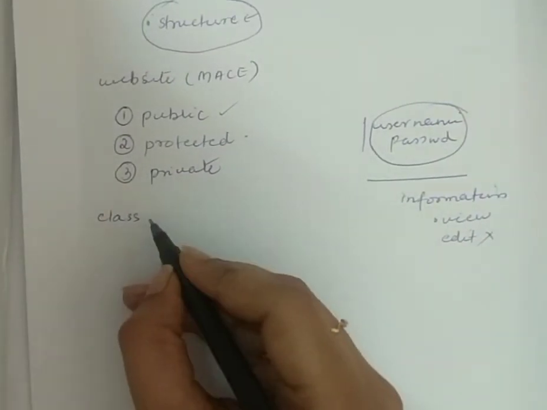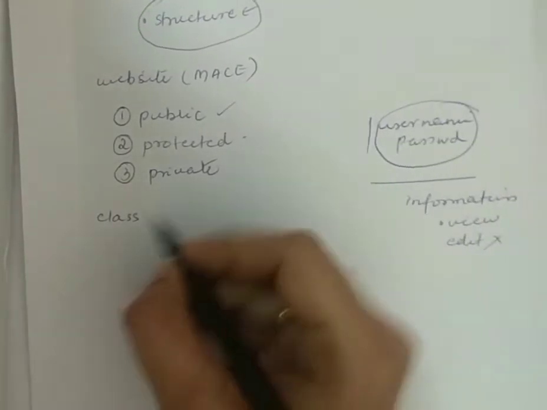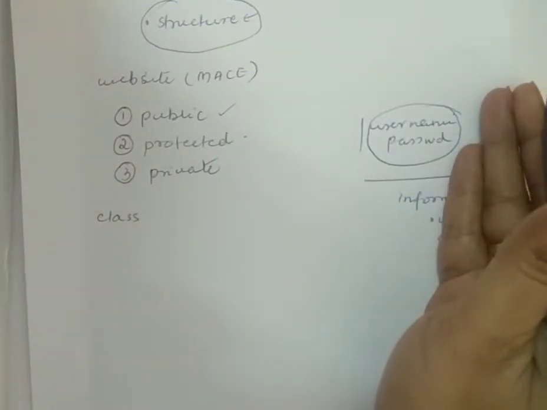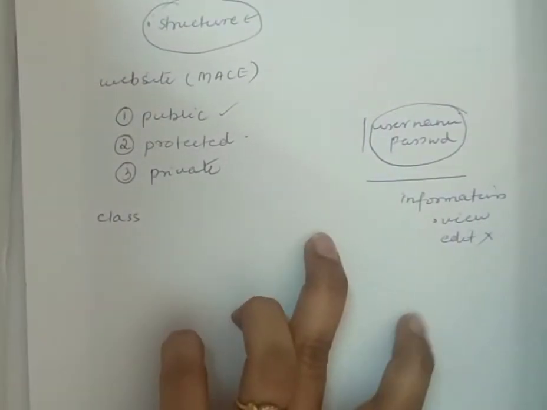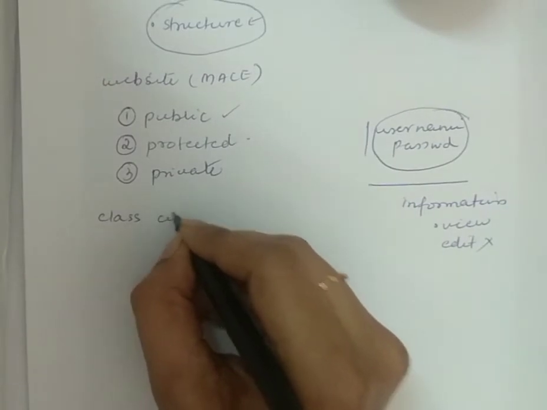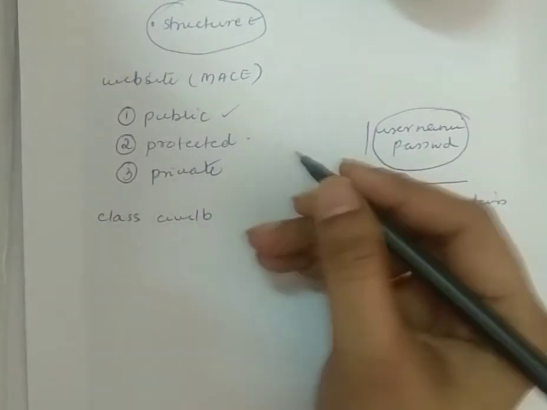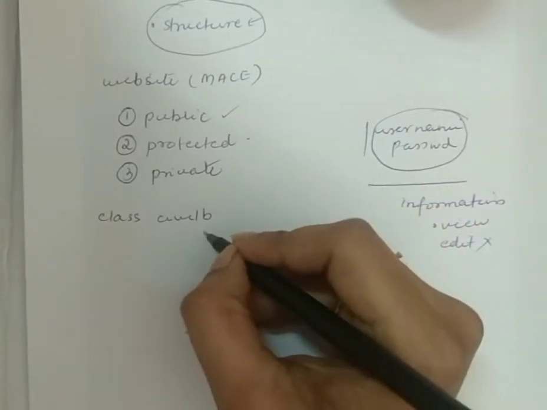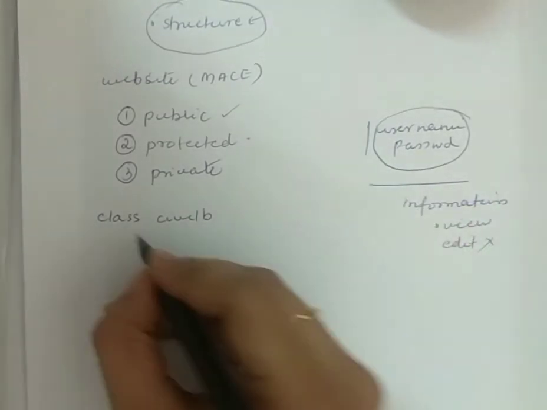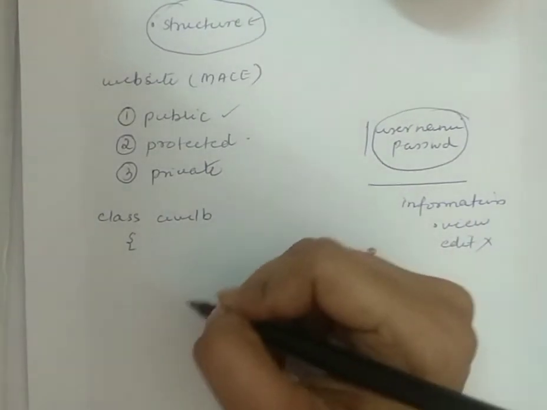First you have to write class, then the class name. Maybe I will write the class name as Civil B, or Civil A, whatever it is. So I am writing the class name as Civil B. Inside that, I can write so many members, just like the structure.